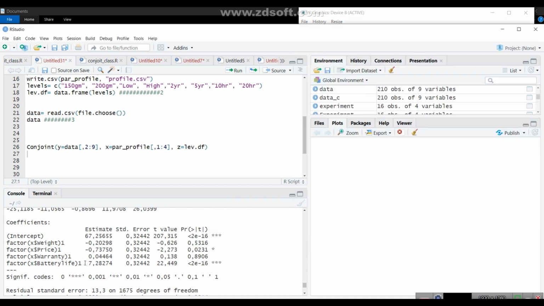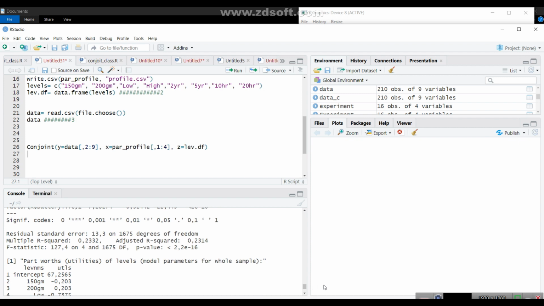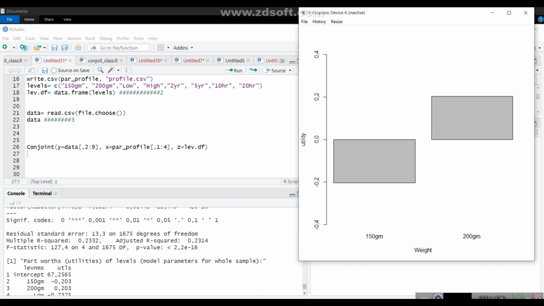The negative numbers do not mean that the customers have negative views regarding price or weight. They think that they are not as important as warranty or battery life. So according to the analysis, battery life is the most important attribute.